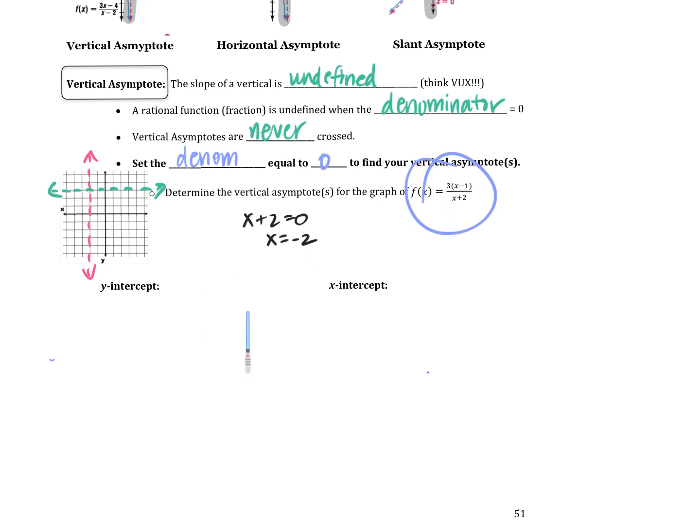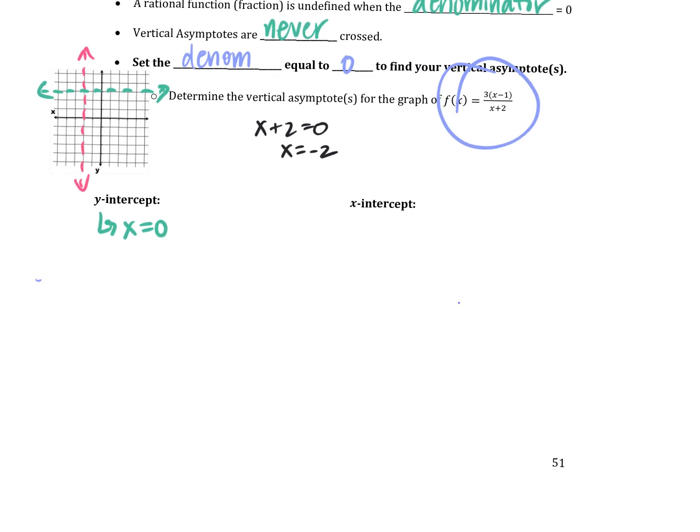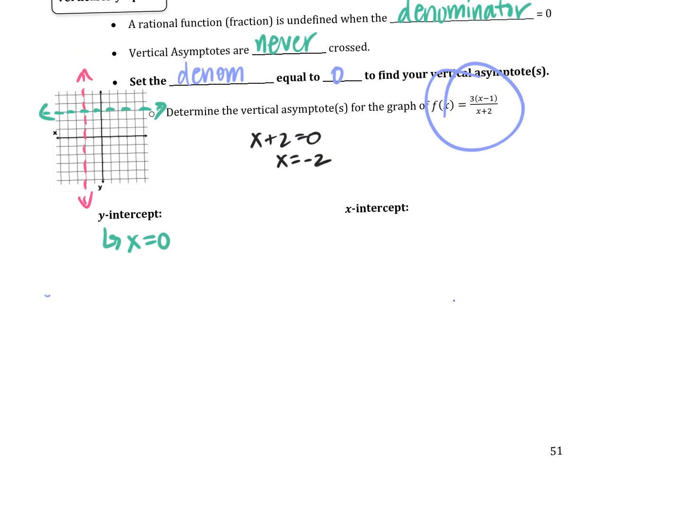Here's the last thing I want to teach you today: what makes a y-intercept and what makes an x-intercept. Does anyone remember, if I cross that y-axis anywhere, what's my x value? Isn't my x value 0 anytime I'm on the y-axis? So for the y-intercept, if I were you, I'd write my x is 0. What about for the x-intercept? And then we just got to go plug those in.